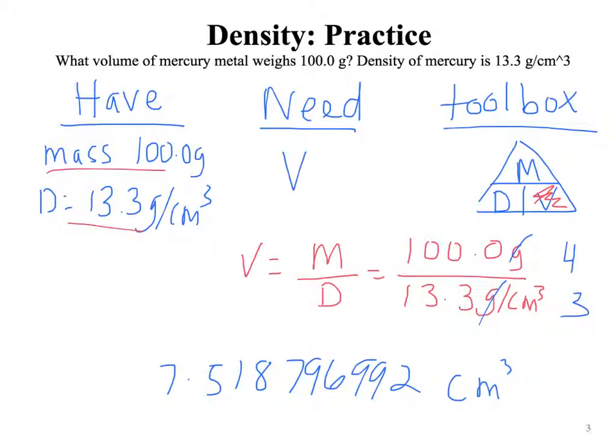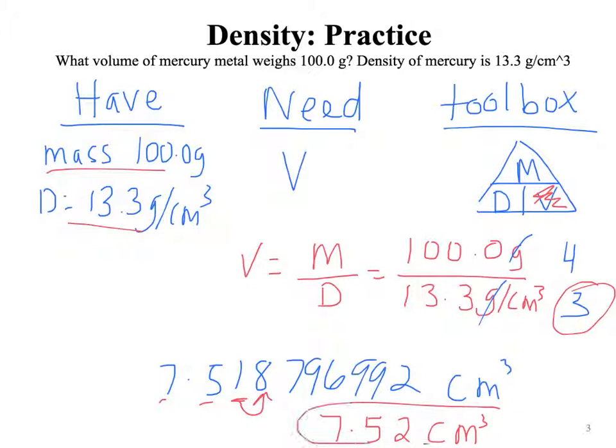And remember, when we're dividing, we want the least amount of sig figs, so that's 3. So I go to 1, 2, 3, round, and we just learned that in our previous session. So if I round this to the nearest third sig fig, I end up getting 7.52 centimeters cubed as your answer.